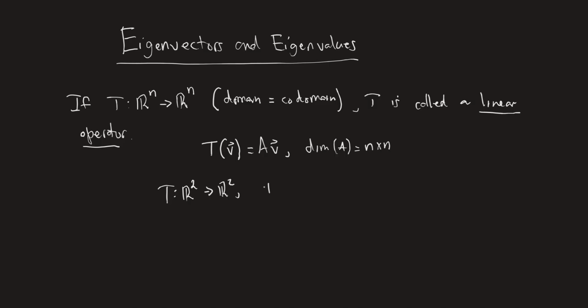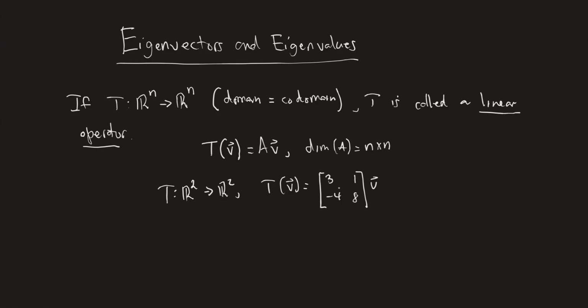Here is the actual transformation. There's nothing special about this particular matrix. There's our 2 by 2 matrix, and that's going to multiply our vectors.